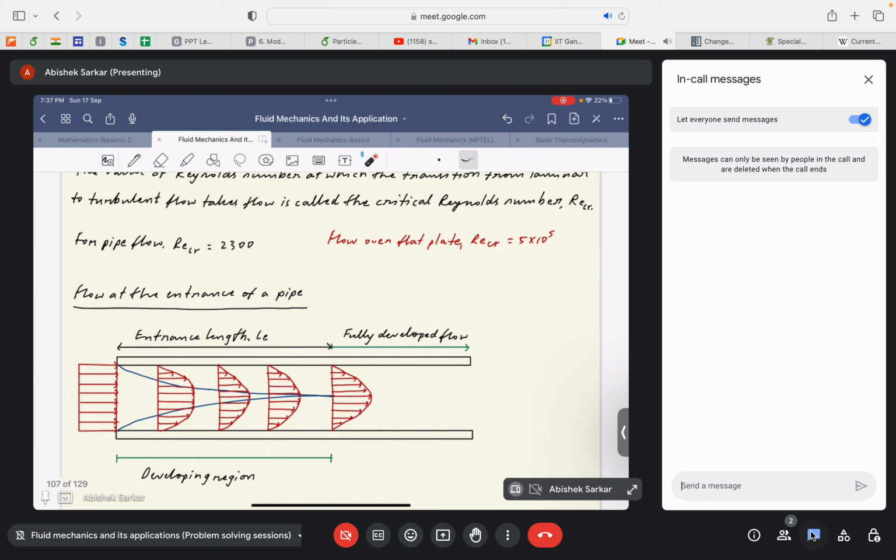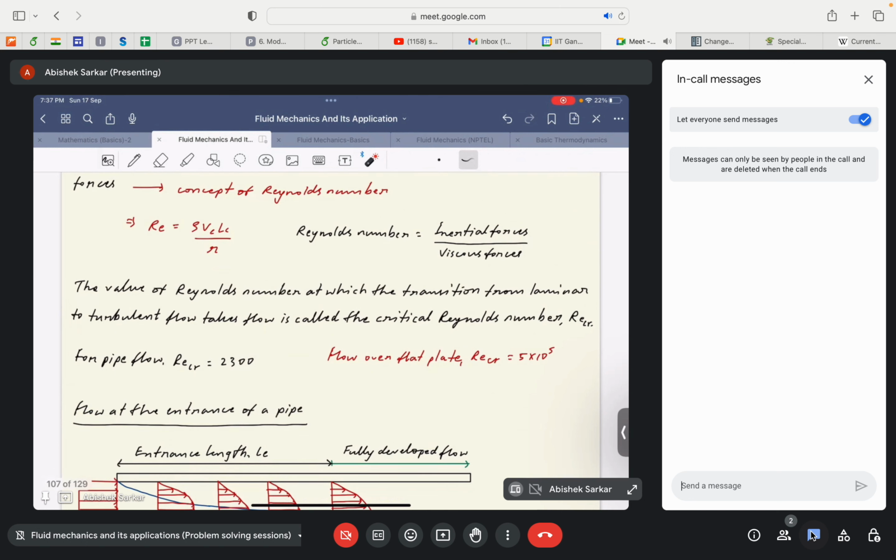But just to be very clear on this concept, I'm spending so much time on it, because students usually make a lot of mistakes here. Just the qualitative definition of Reynolds number is not enough.